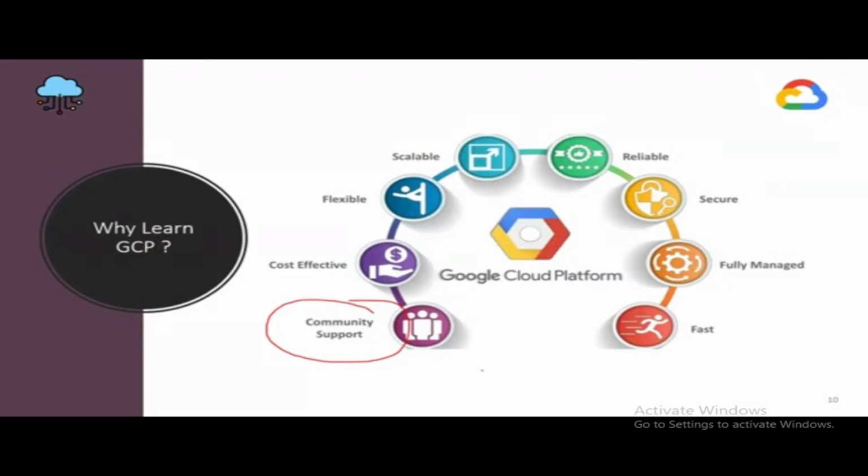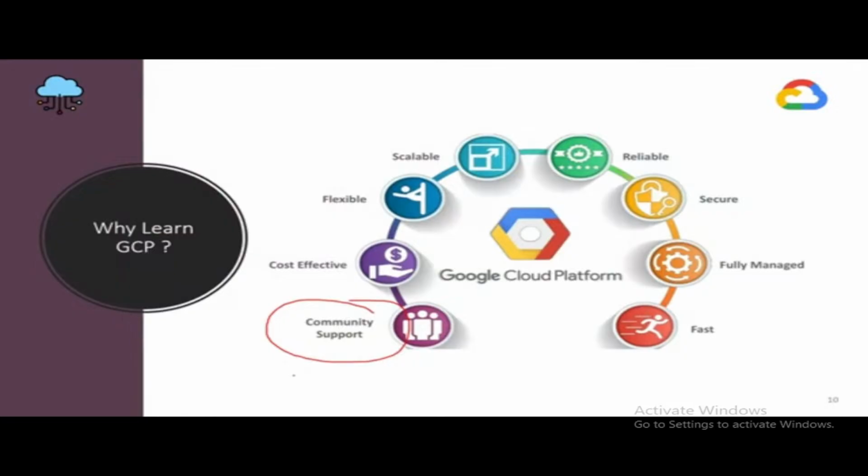We've been using Google Search, YouTube, Google Analytics, Google Drive, Google Photos, everything from Google already. It has very, very good community support, right? And when you have community support, there are always new advancements in that particular tool. And one more thing, Google Cloud Platform also comes from Google.